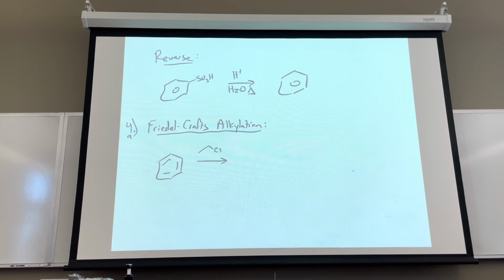So let's say chloroethane. But we need to do something to make this a much better electrophile. If you just throw chloroethane and benzene together, absolutely nothing's going to happen. So we're going to borrow a trick that we used earlier. To make this a much stronger electrophile, we're going to also add in a Lewis acid.